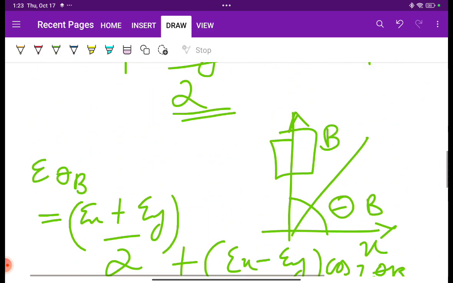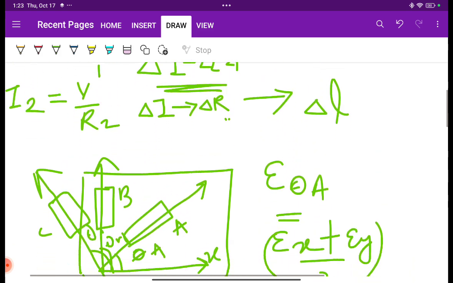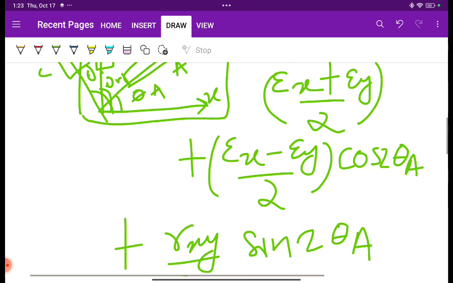So from these three angles, we can find the strain with respect to each angle.